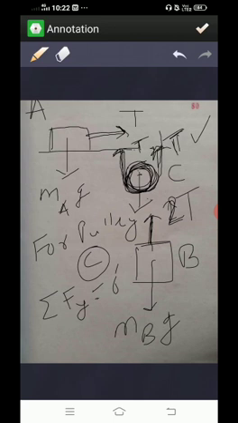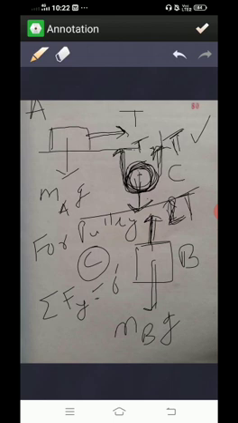So that's why this T is different. And the value of this is 2T. After cutting this, we get 2T, and this is MBG.